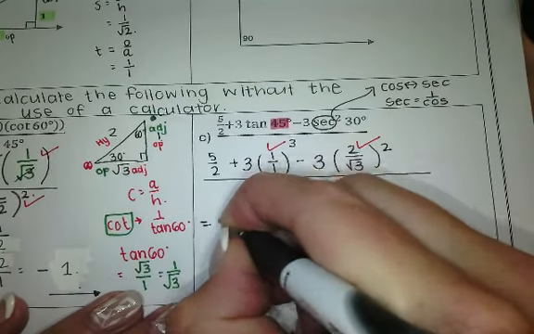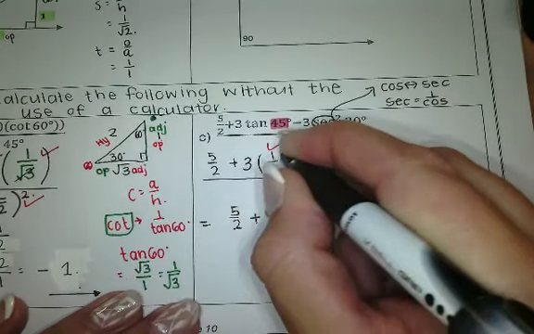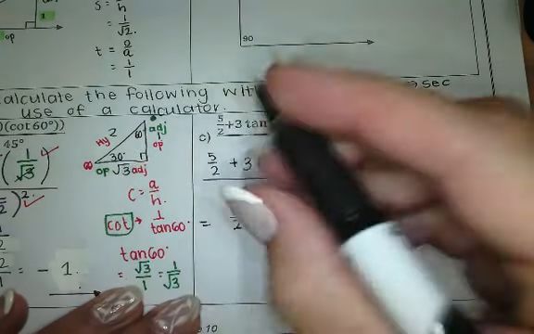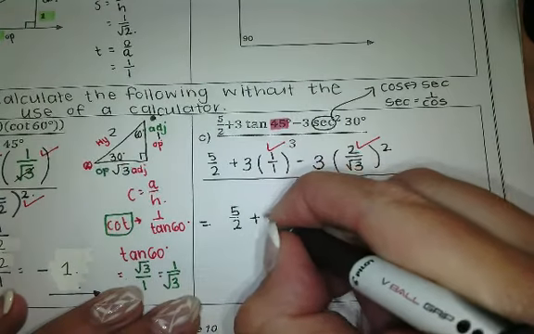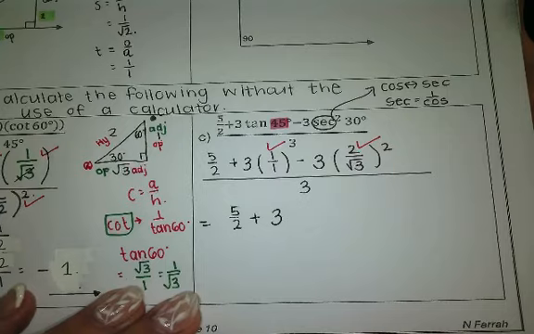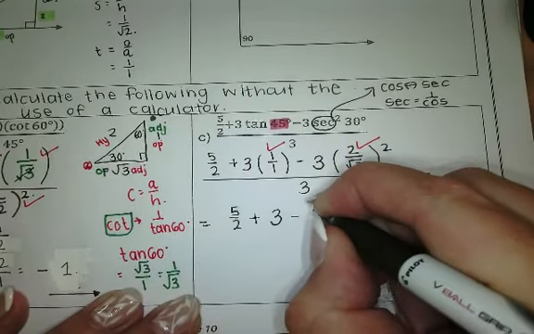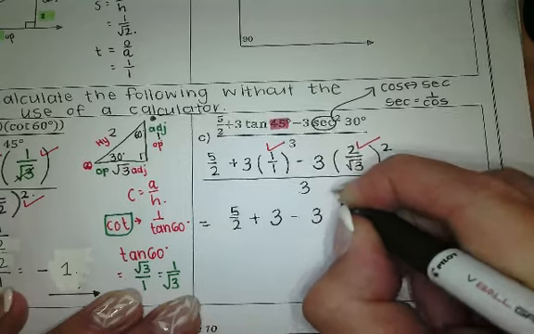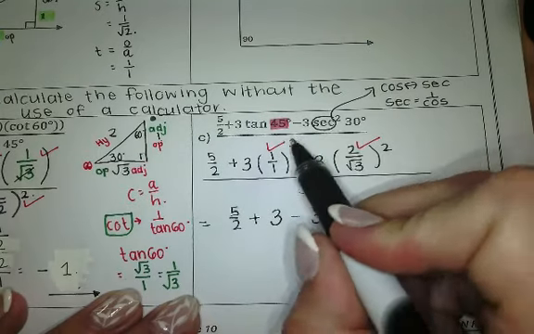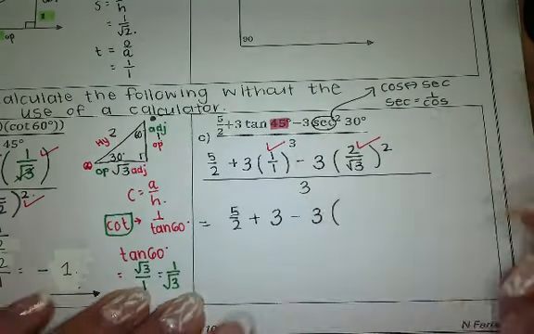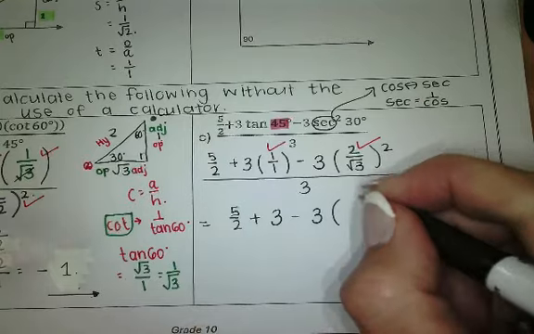So 5 over 2 plus 3 times 1 is 3. Are you with me? Minus 3. It's not to the power of 3 because 3 is your denominator.